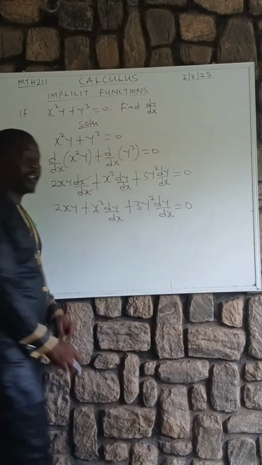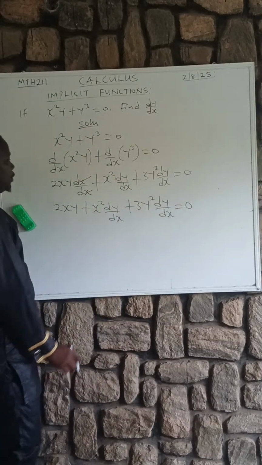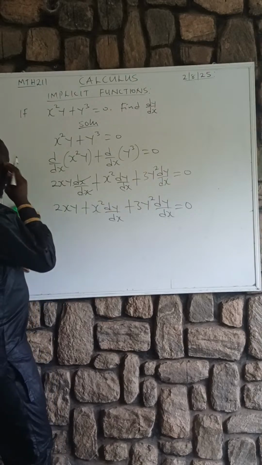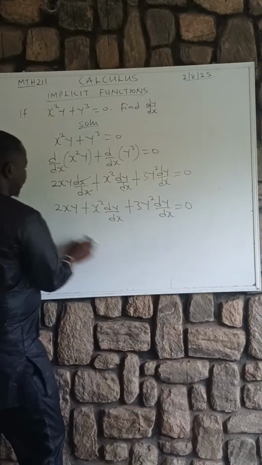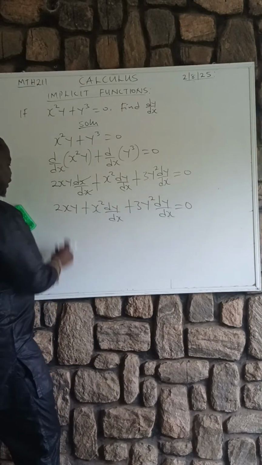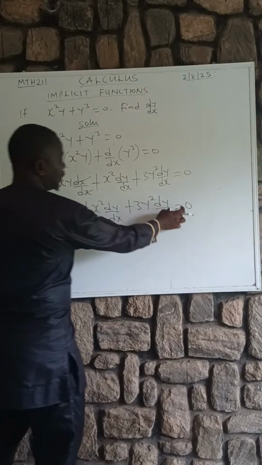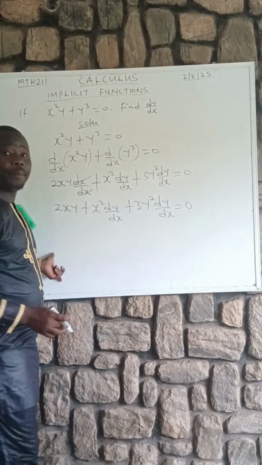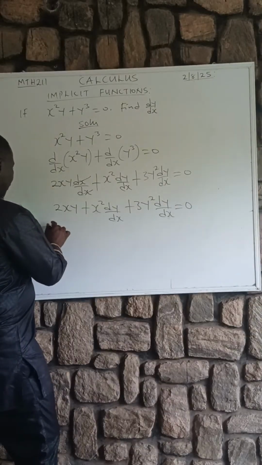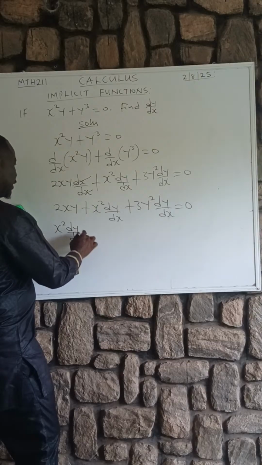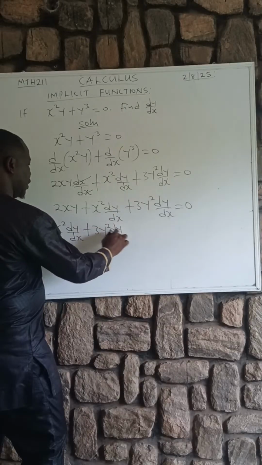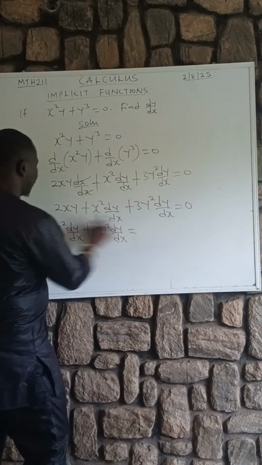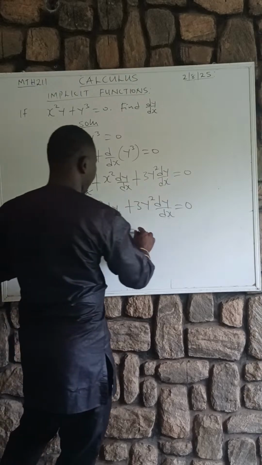Amen? Okay? So if you agree with me, it implies that we have to collect right terms, this and this, then take this one to the right answer. If 2xy crosses this sign of equality, becomes what? Negative, right? So here we are going to have x squared dy all over dx plus 3y squared dy all over dx equals to, this one crosses the sign of equality, becomes what?